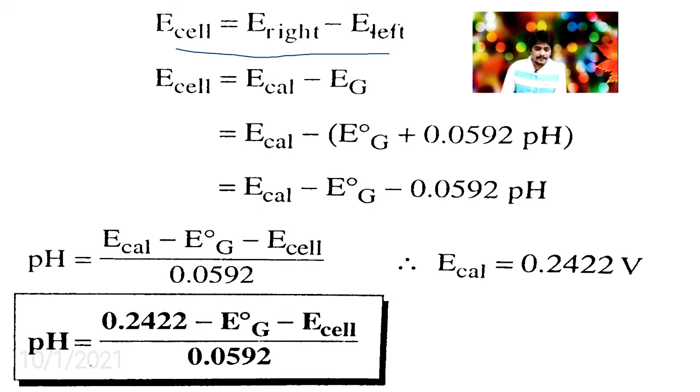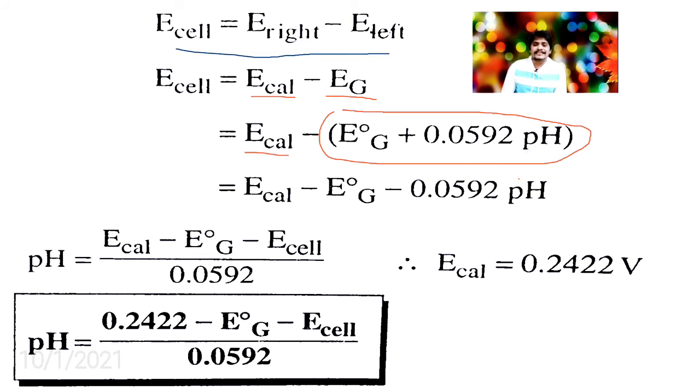So accordingly, E calomel, which is acting as cathode, minus E G, the electrode potential of the glass electrode, which is acting as anode and undergoing oxidation. The electrode potential value of the glass electrode is E naught G plus 0.0592 pH.